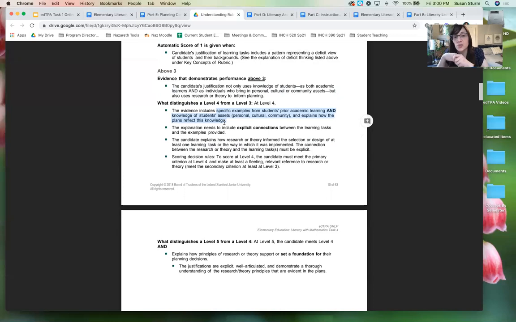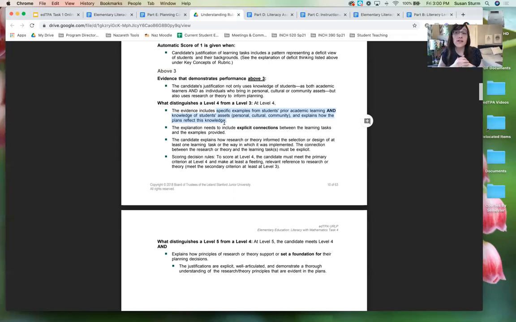This is one of those situations where you've got to read between the lines of what they're asking. They're not just saying, I know that previously in a lesson, I taught my students about summarizing, so I know they're ready to synthesize. That is just a casual mention of it from your knowledge of what you plan.